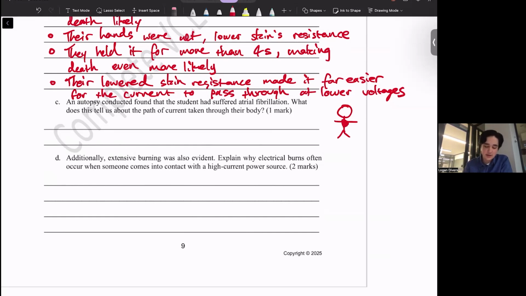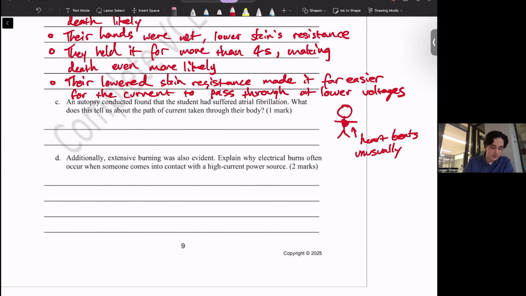So atrial fibrillation is essentially when your heart beats unusually. So when your heart beats not in the correct pattern, it usually means that 1, it won't pump blood correctly. 2, blood won't get to important places correctly. 3, death if left untreated. So it's essentially a heart attack, really.